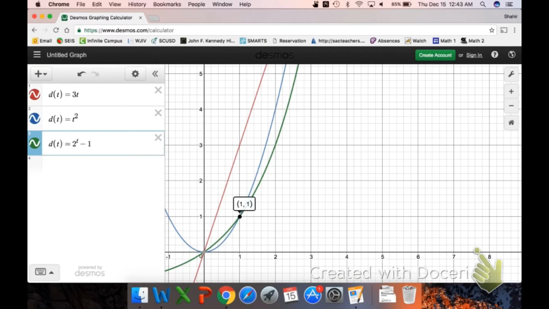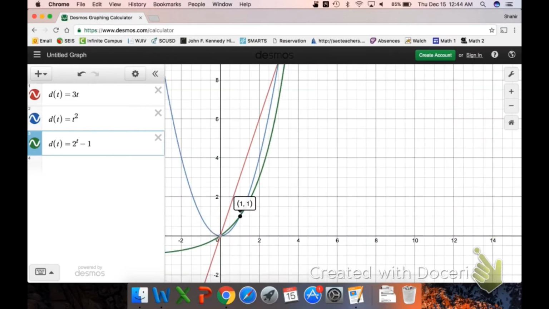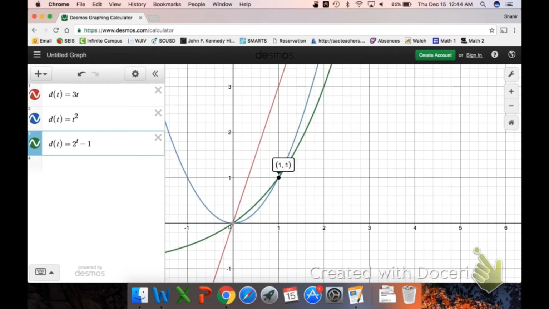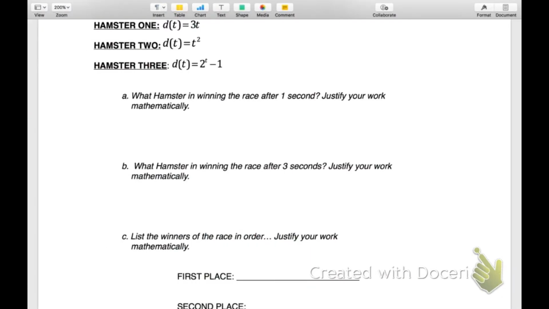He's right there tied with hamster number 2, with the blue hamster. So after 1 second, hamster number 3 is also 1 meter ahead in the race. So hamster number 3 was 1, 1 as well.